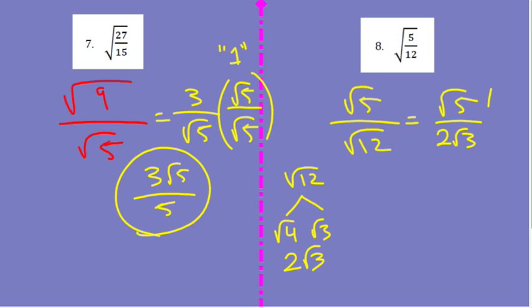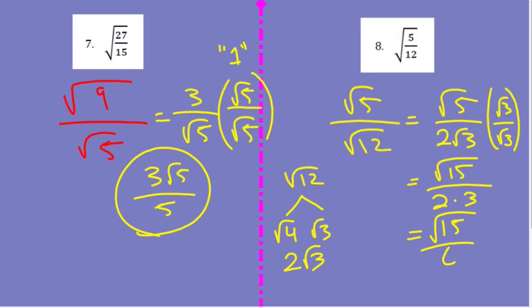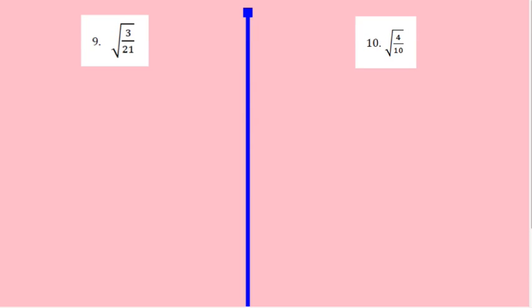No, I multiply it by square root of 3, which is what I want to do. Top is going to be square root of 15. Bottom is going to be 2 times 3, which is going to be 6. So my simplified answer will be square root of 15 over 6. So check and see if you got both those right. If you did not, then fix them here.